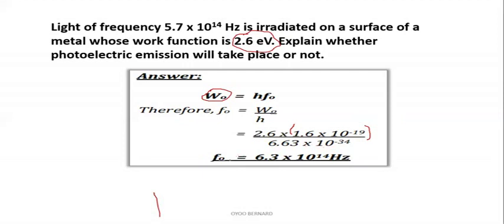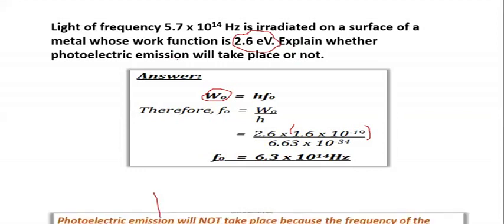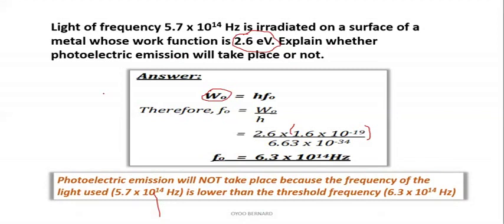From this calculation, f naught is 6.3 times 10 raised to 14 hertz. At this point, you can explain whether photoelectric emission will take place or not. Will it?